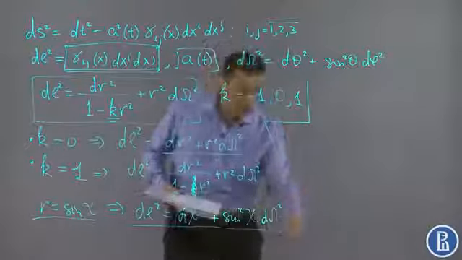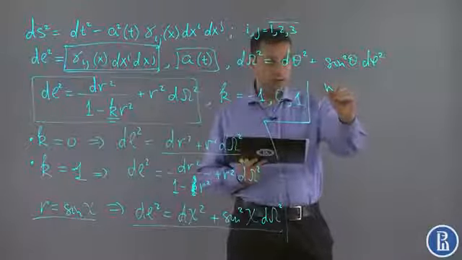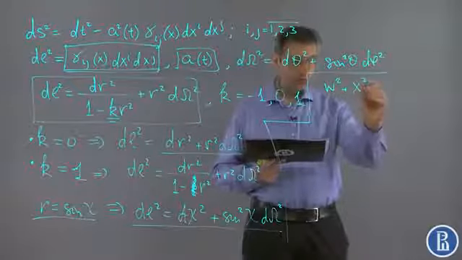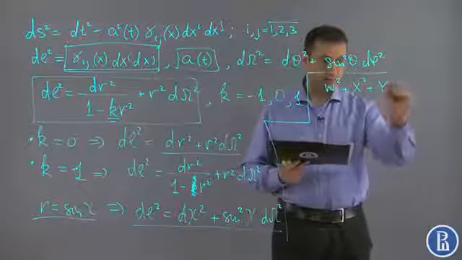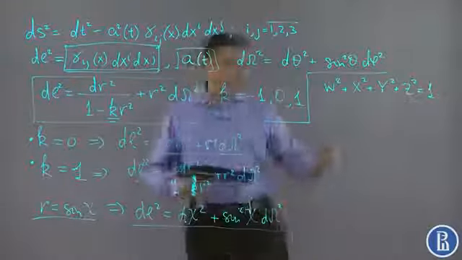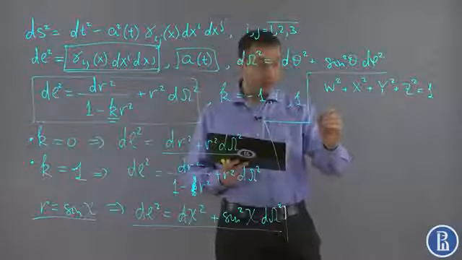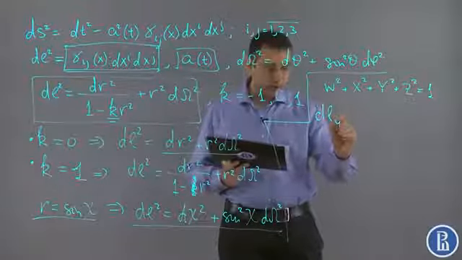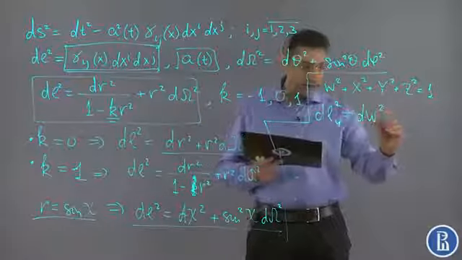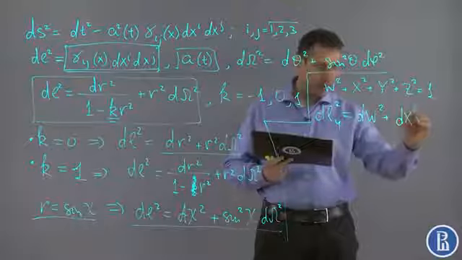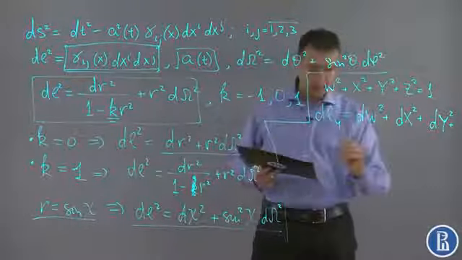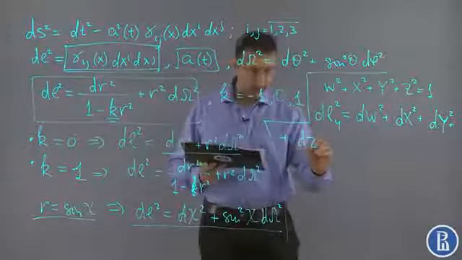The three-dimensional unit sphere is this hypersurface embedded into four-dimensional space with the metric dw squared plus dx squared plus dy squared plus dz squared.